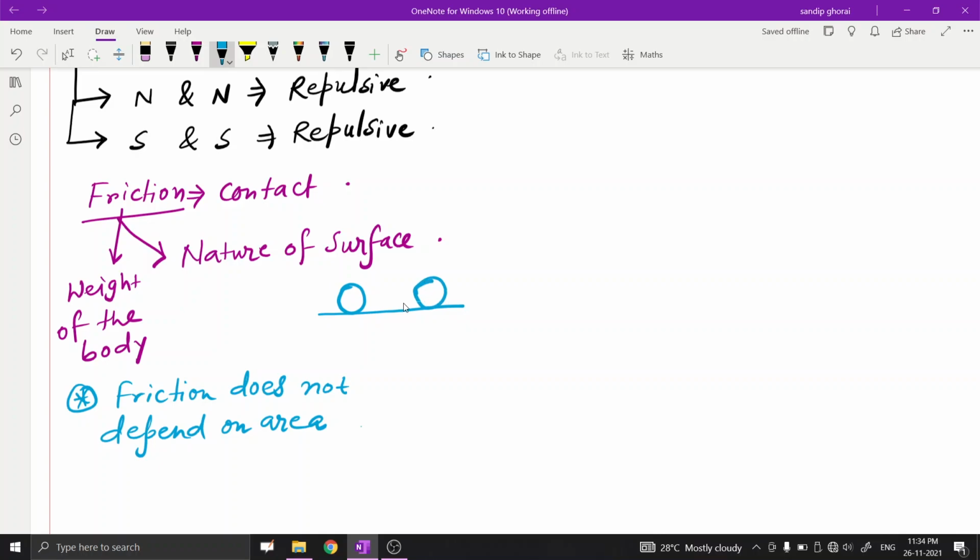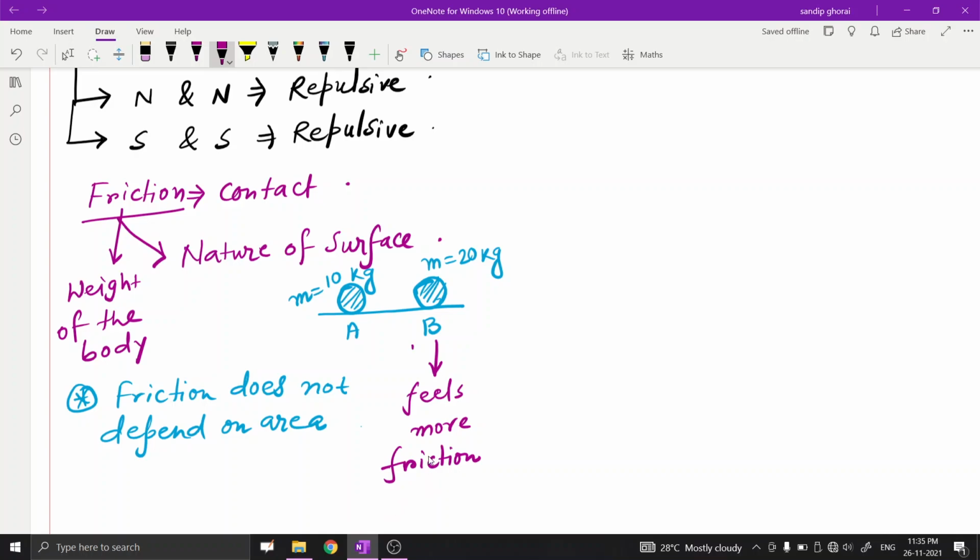This is A and this is B. Here B feels more friction due to its weight, as the nature of the surface is the same for both cases.